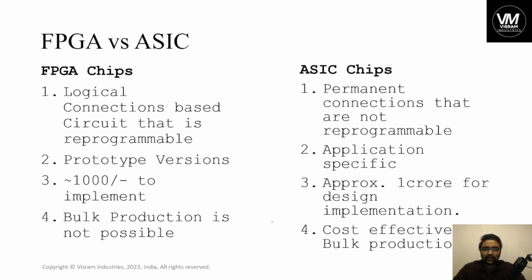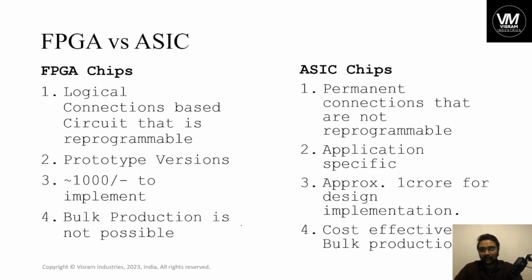Then you can see ASIC as application specific. If you take an FPGA chip, you can apply it in communications, and you can take that chip and apply it in robotics as well, in two different domains, or in the IoT domain. But if you take an ASIC chip made for a laptop, it is designed only for laptops.